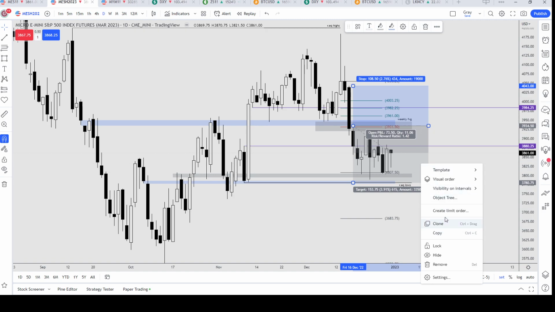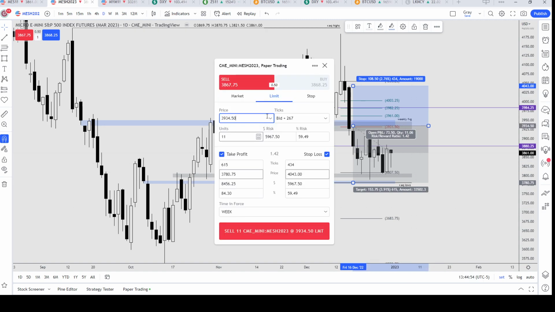And I'm going to create a limit order here. This is just paper trading demo. Don't try this, because I think this trade is going to take into Friday, and this is mini, so maybe just 2 contracts.